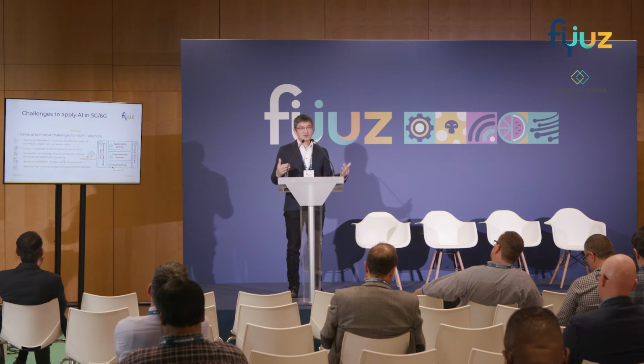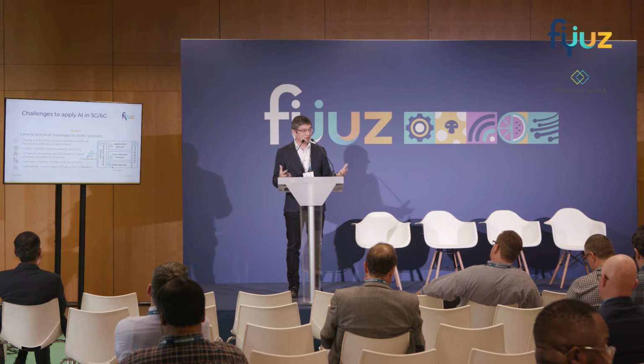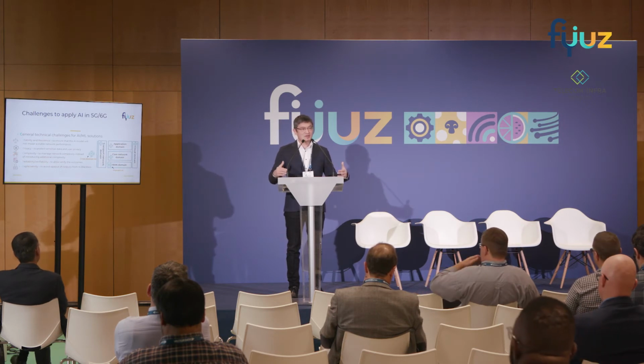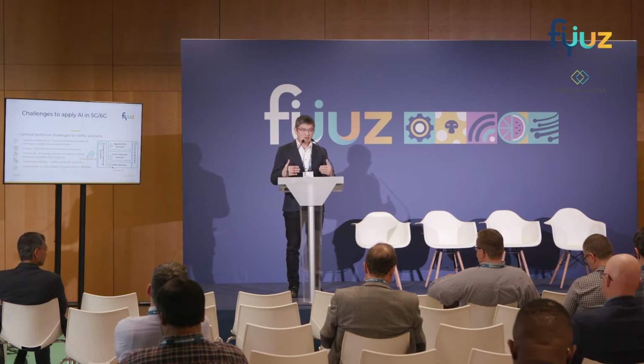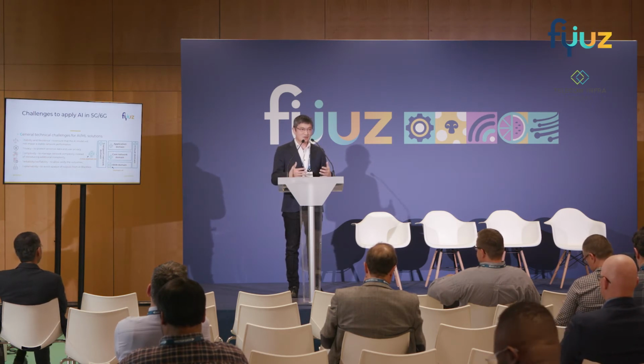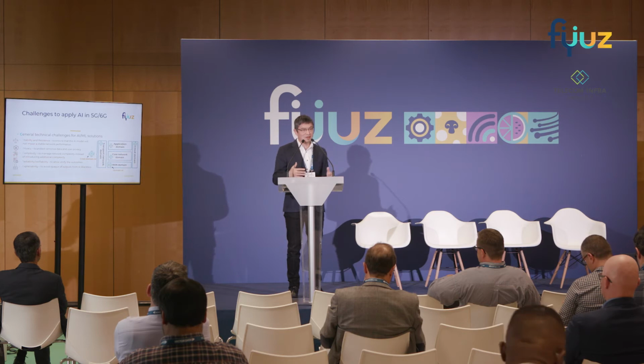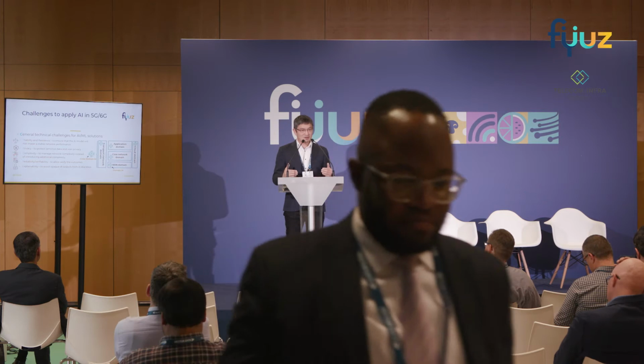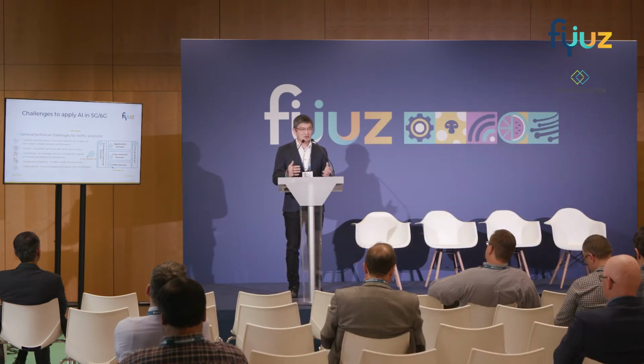In addition, for the AI itself, there are general research questions, especially for the RAN part. Previously you made optimizations, precise decisions and optimization. But now if you use AI, how do you assure that the AI does the job? In most cases they do the job, but if they don't, and they make decisions that go against the desired results, how can we make sure that does not happen?